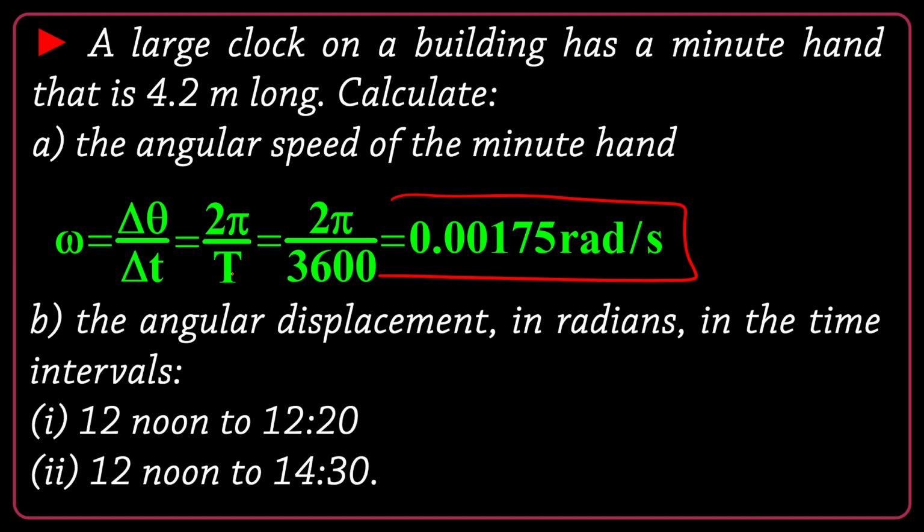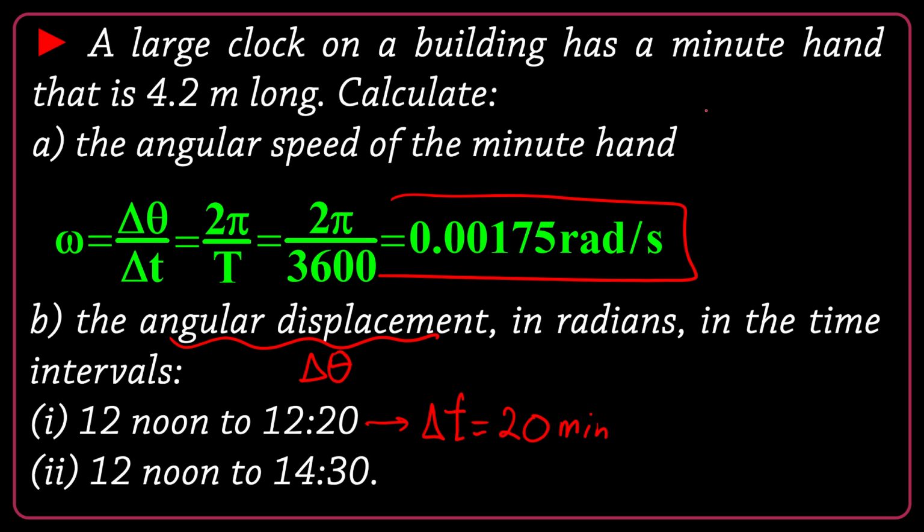Part B. The angular displacement in radians in the time intervals of 12 noon to 12:20 and 12 noon to 2:30. Here I have a time interval, angular displacement is Δθ. And here I have a time interval of 20 minutes.